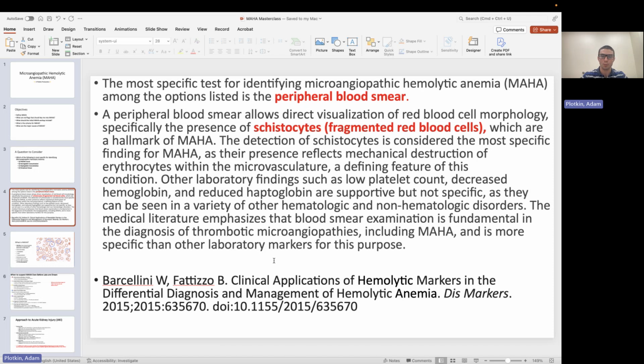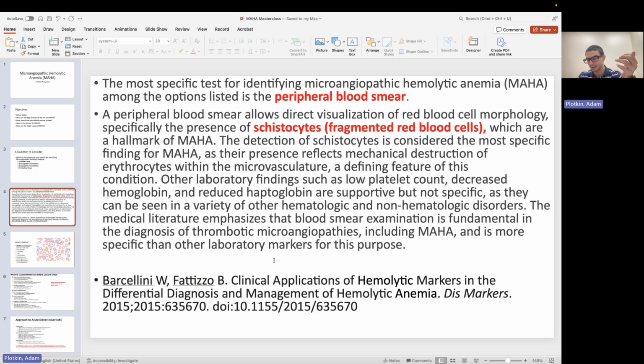Okay. Hemolytic anemia is a very broad complex, and I plan on doing a whole lecture on hemolytic anemia in itself at another point, probably pretty soon. MAHA is just one very small portion of hemolytic anemia. We can break hemolytic anemia down into inherited and acquired.